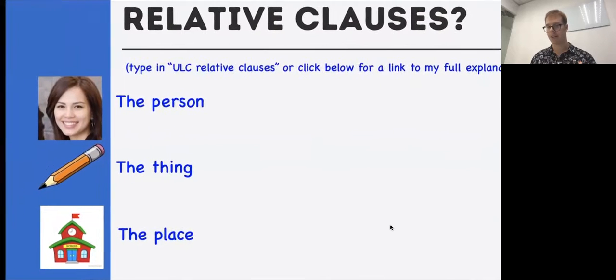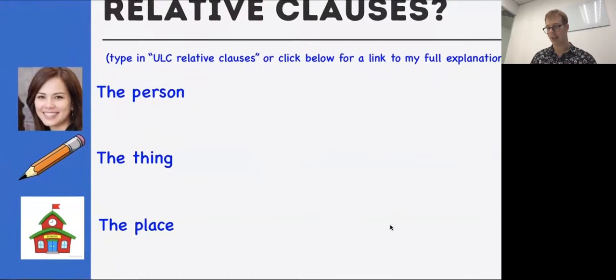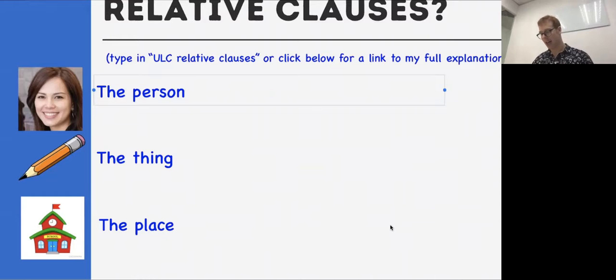Here I have a person, here I have a thing, here I have a place, right? So what we do is we add what we call a relative pronoun to give more information about which person. I see this lady right here. I'm going to say, oh yeah, the person who has long brown hair.